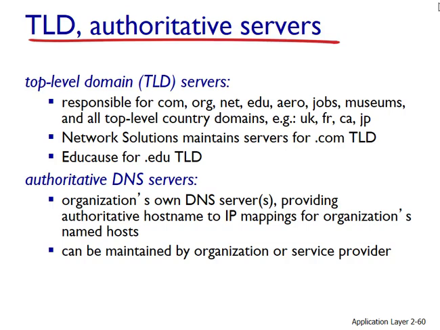An organization can choose to implement its own authoritative DNS server to hold these records, or the organization can pay to have these records stored in an authoritative DNS server of some service provider. Most universities and large companies implement and maintain their own primary and secondary authoritative DNS servers.